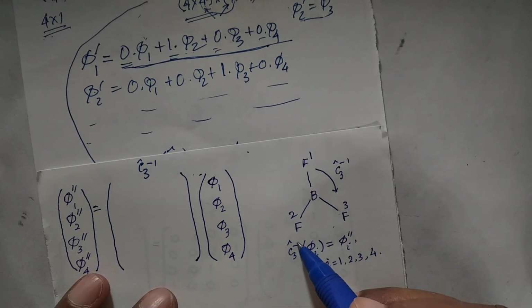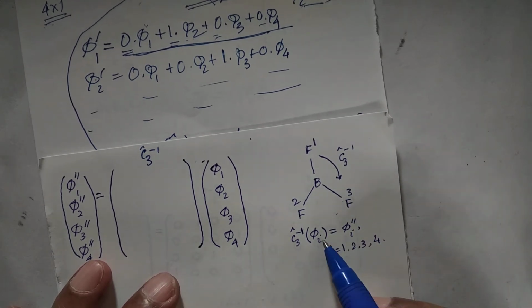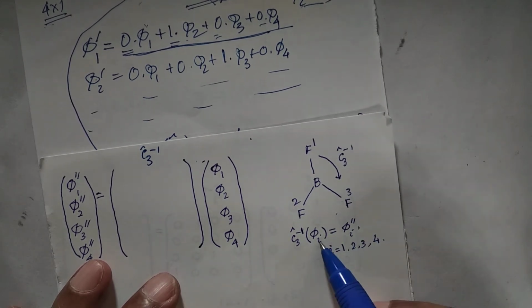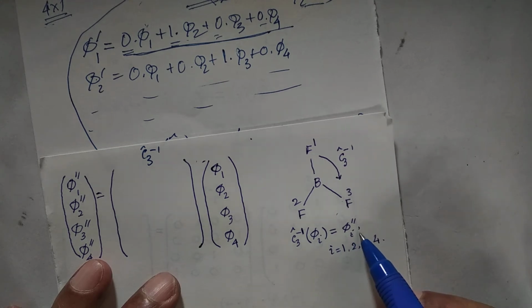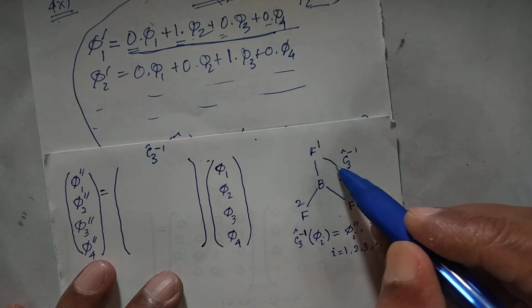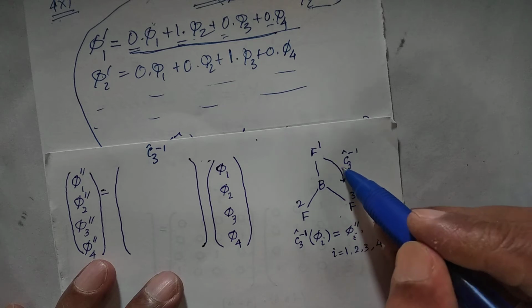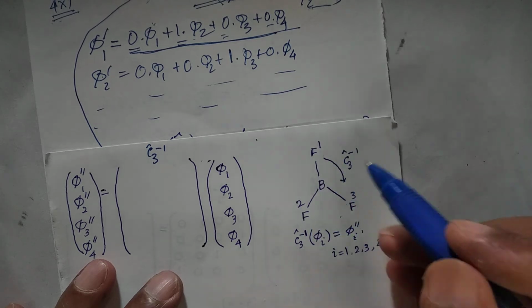Suppose by this inverse operation, the functions become double primed. Phi 1 becomes phi 1 double primed, phi 2 becomes phi 2 double primed, and so on. C3 inverse operation is a rotation in the opposite direction. Now the rotation will be in the clockwise direction.